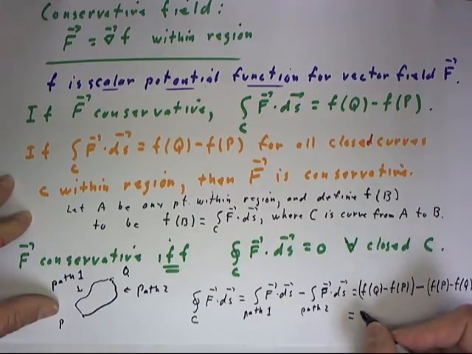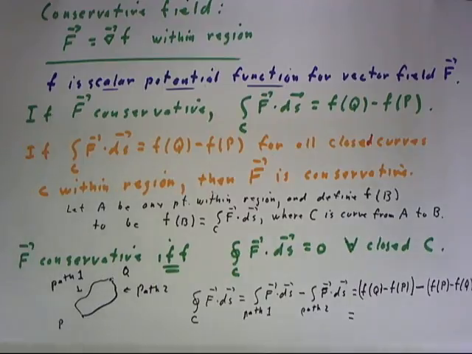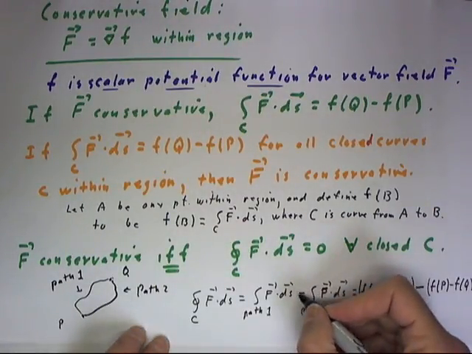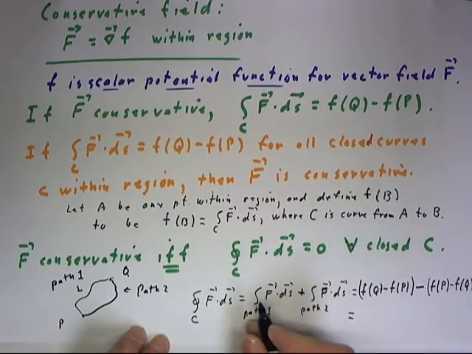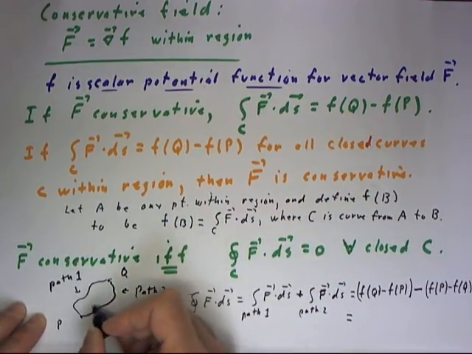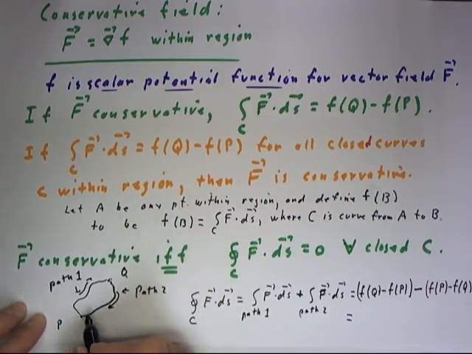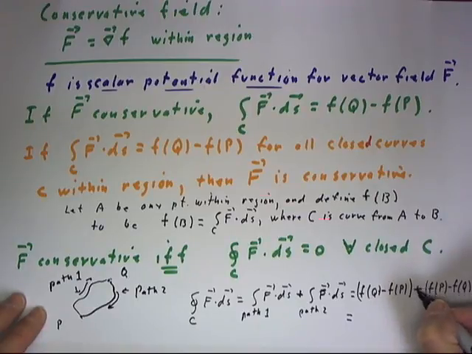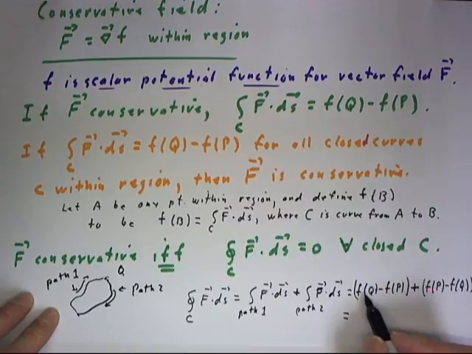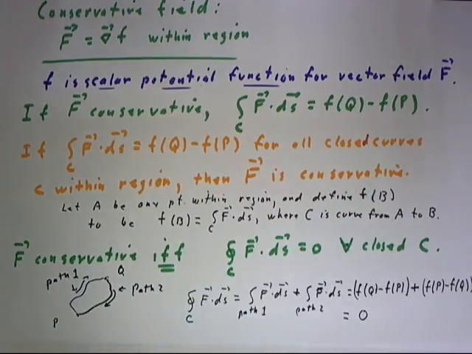which equals, and we have f of Q here minus negative f of Q here, and I've been careless in writing down my sign. It would be the integral over path 1 plus the integral over path 2, and we're going to define path 1 as going in this direction and path 2 as going in this direction, so that we would be adding those two paths. And in this case, we see that the f of Q and the negative f of Q, the negative f of P and the positive f of P add up to 0.